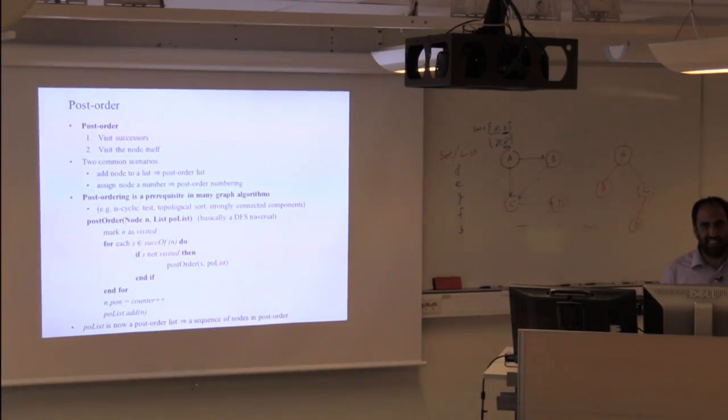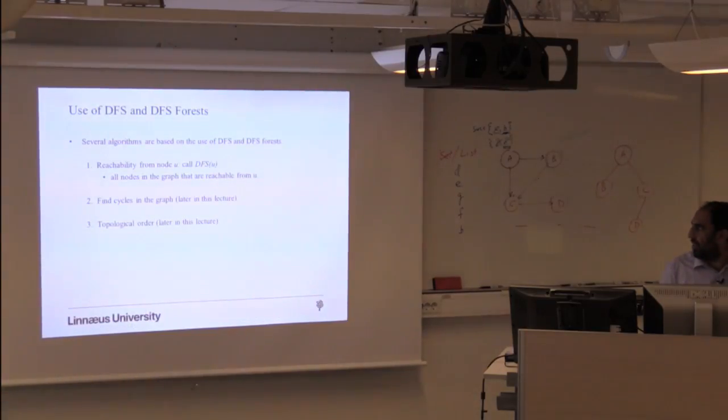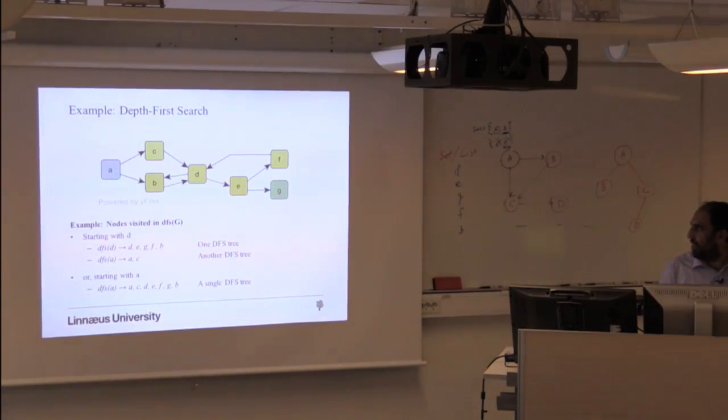You got it? I have a question about the forest. What's the relation between the two trees in the previous slide you showed? Since it's a connected graph, what's the connection between these two trees?